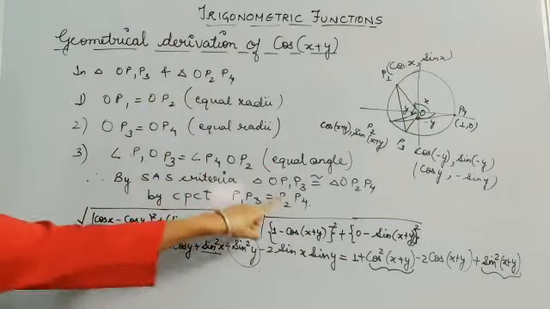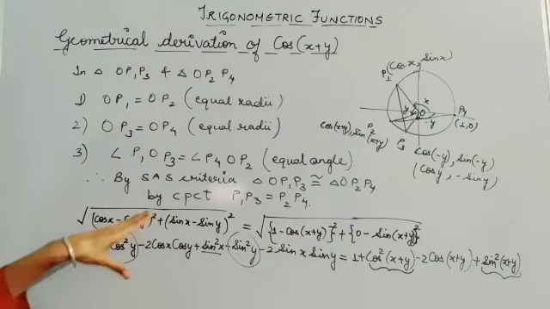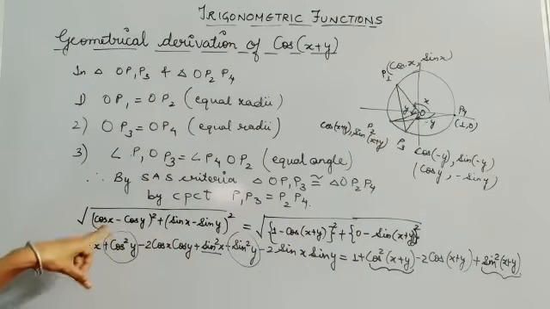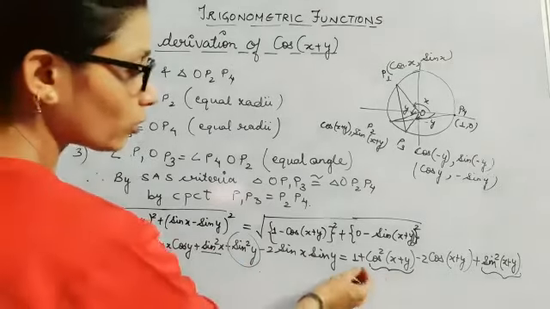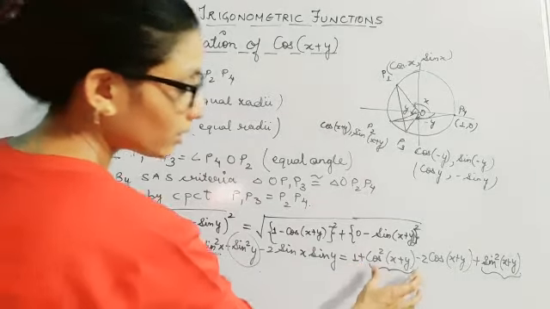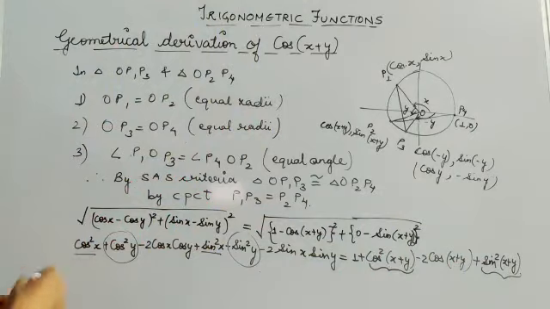Then I have applied the same formula over here, and then I have opened it with the (a minus b) whole square formula. Now children, cos square x and sin square x will give you 1. Cos square y plus sin square y will again give you 1. So 1 plus 1 is 2. This side also 1 we have here. This plus this is again 1. So 2 and 2 are gone. That means these terms are gone.